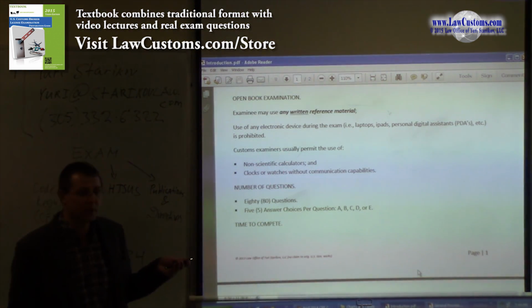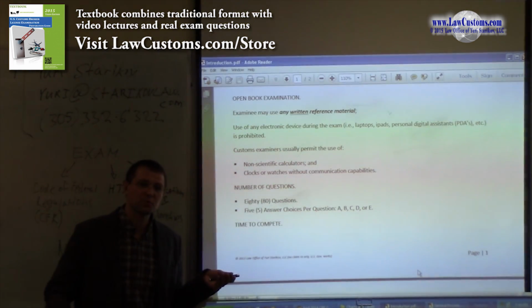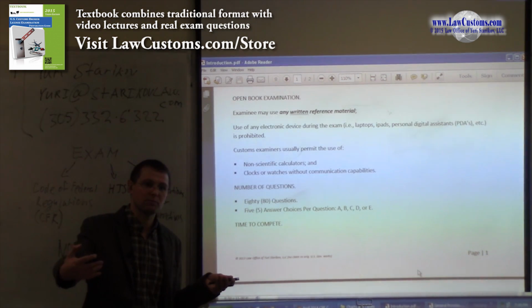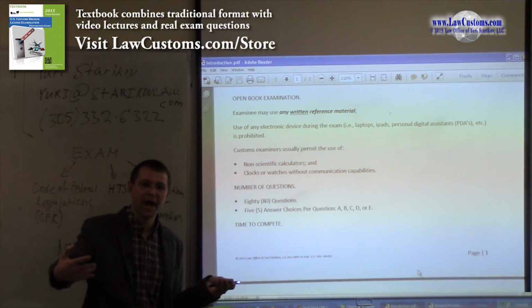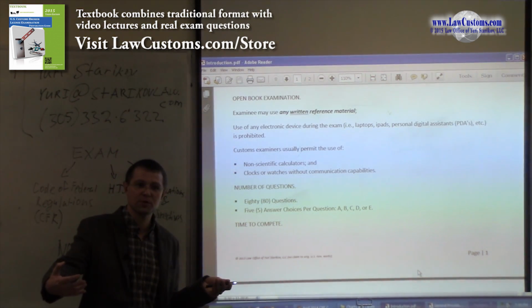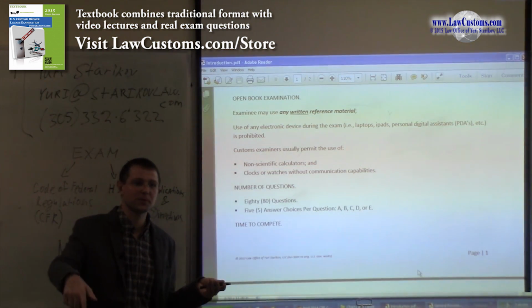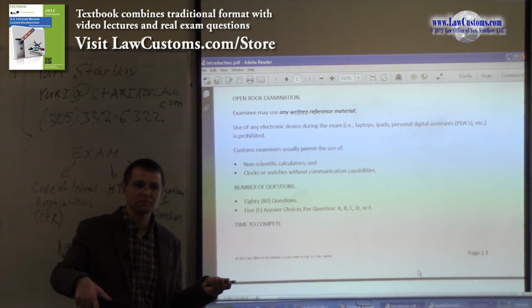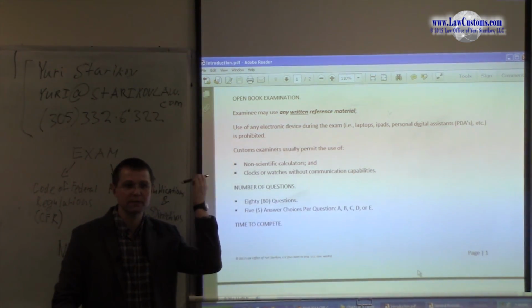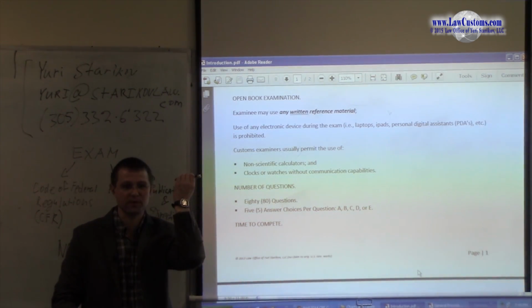So calculators and watches are okay. I think some people bring a small analog clock in front of them, so they know exactly where they are time-wise. In my exam I used just a watch, just like that. It was fine.